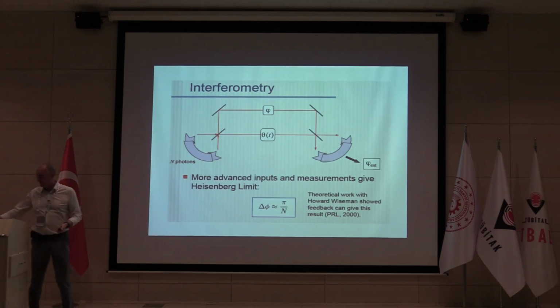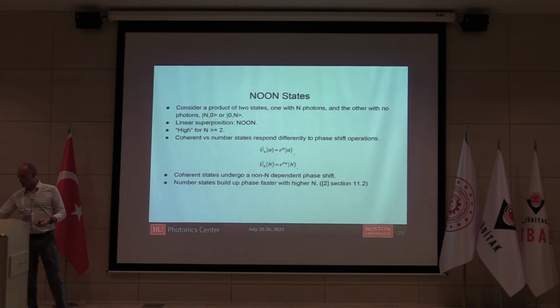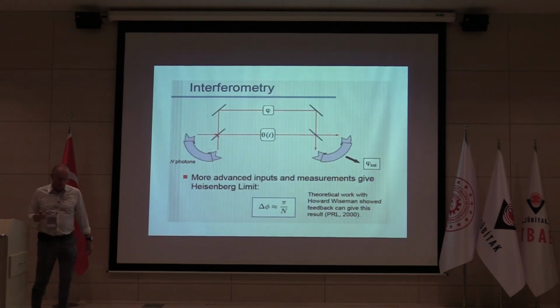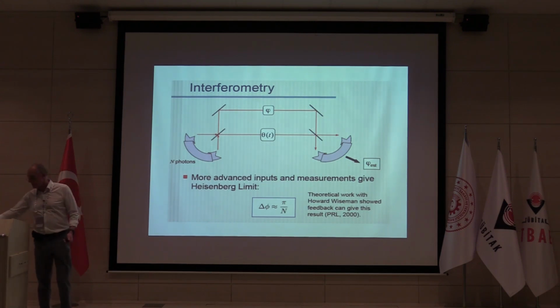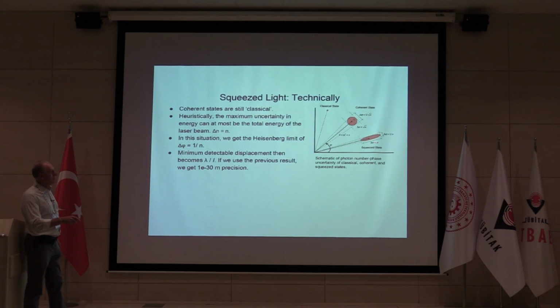For 2 photons, let's see. Okay, we'll talk more about this. So this is how to improve the resolution of your interferometric measurements through reduction of noise. Because what is this envelope?